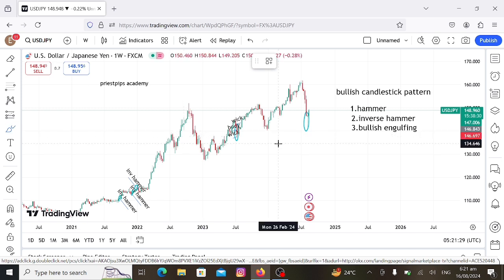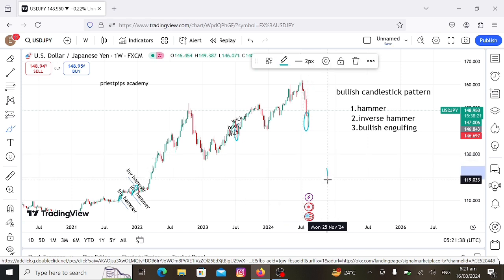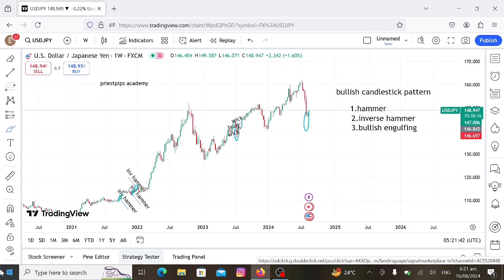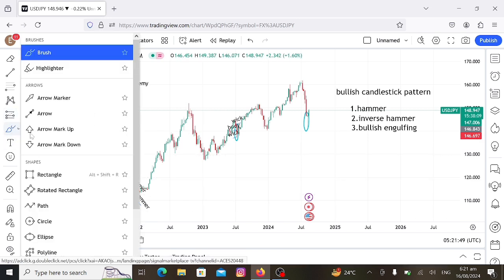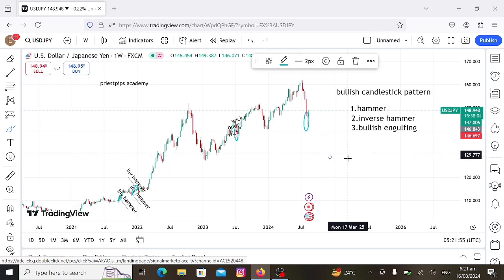First one you see is a short body of a red candlestick. So this looks like engulfing. This one is too long. Okay, something like this.